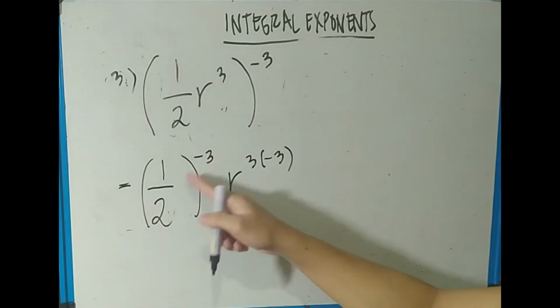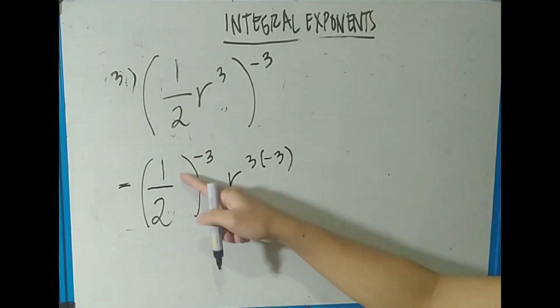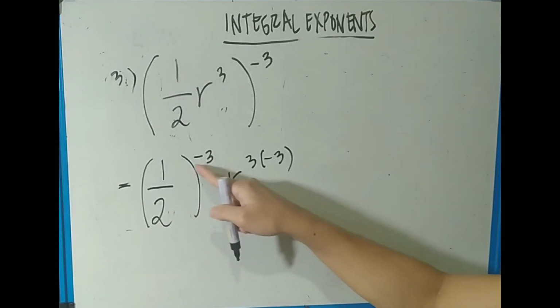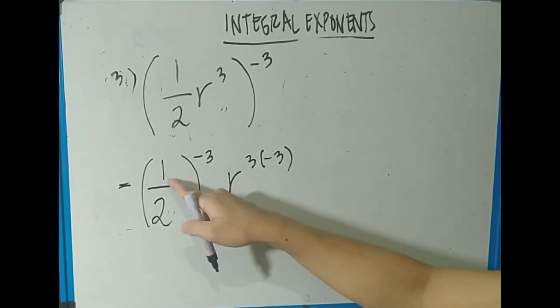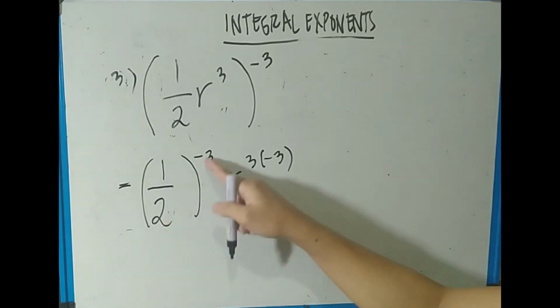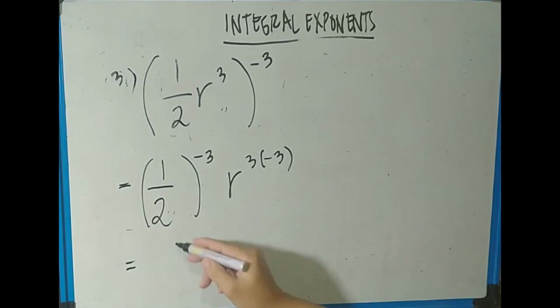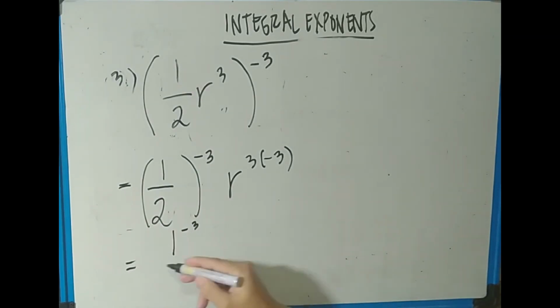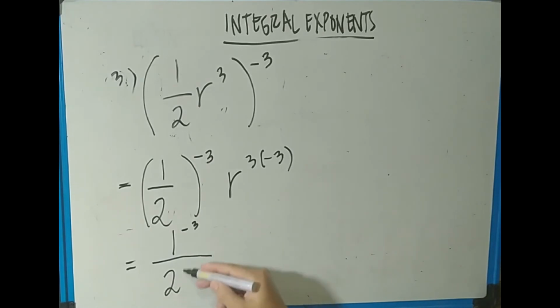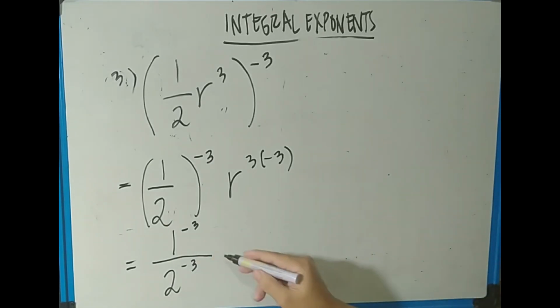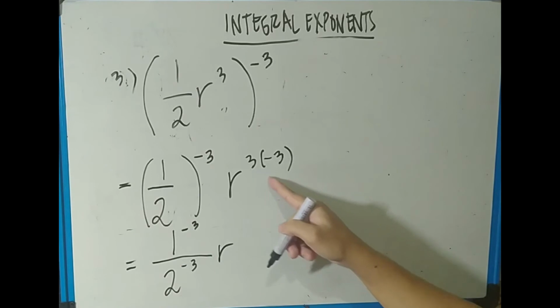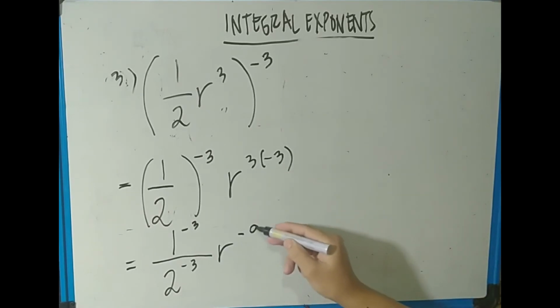Okay guys, kung mapapansin ninyo, this is fraction, so we have to distribute it, the exponent one by one. So 1 raised to negative 3 and also 2 raised to negative 3. So this becomes 1 raised to negative 3 all over 2 raised to negative 3. So for r naman, we have r, since 3 times negative 3 will be negative 9.